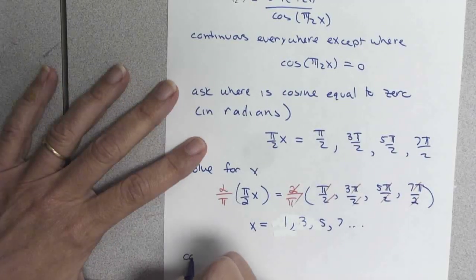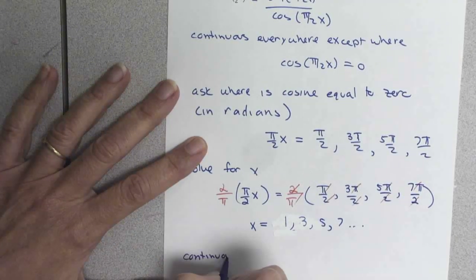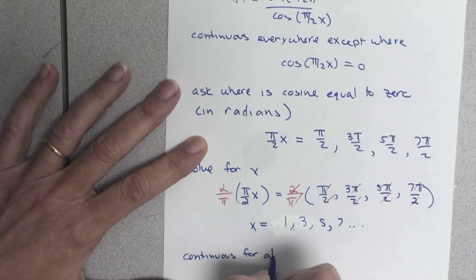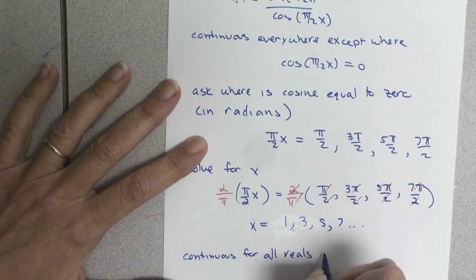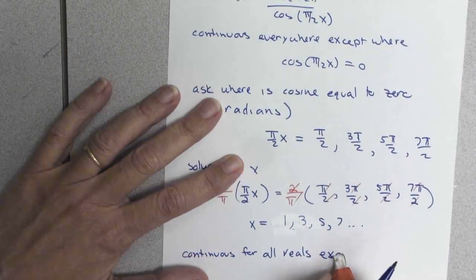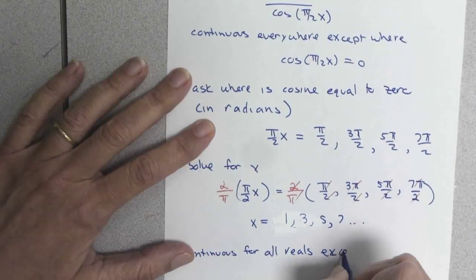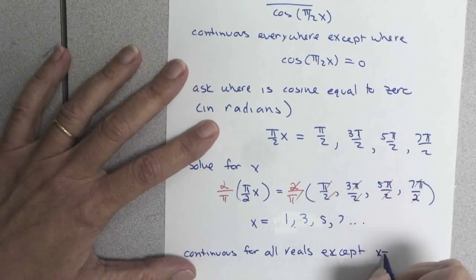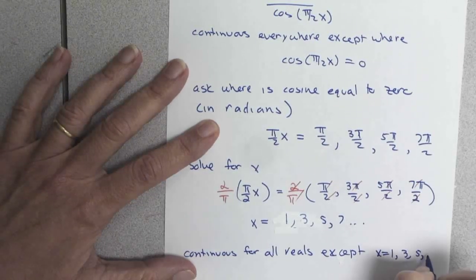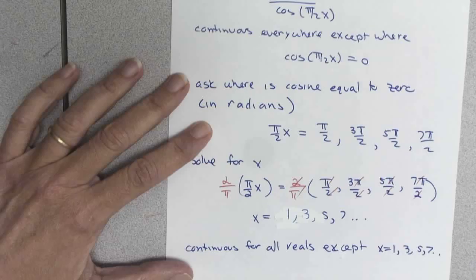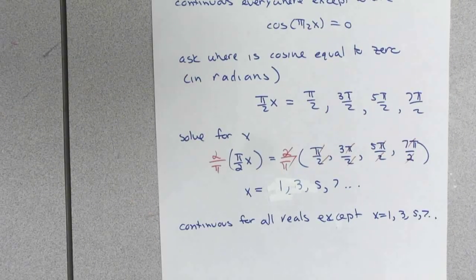So it would be continuous for all reals except x equal 1, 3, 5, 7, and so on. I would be tickled pink by that, and that would be good enough.